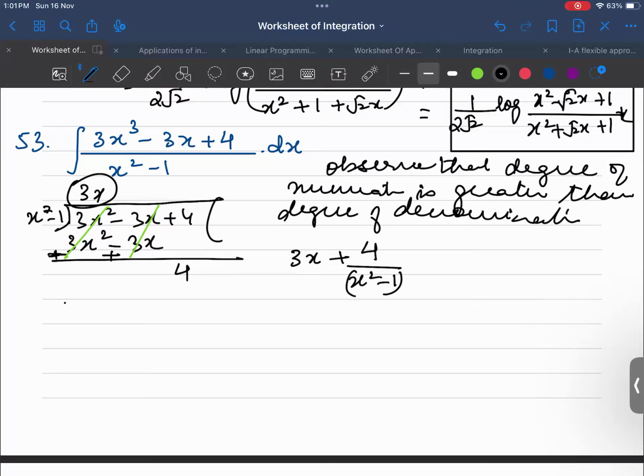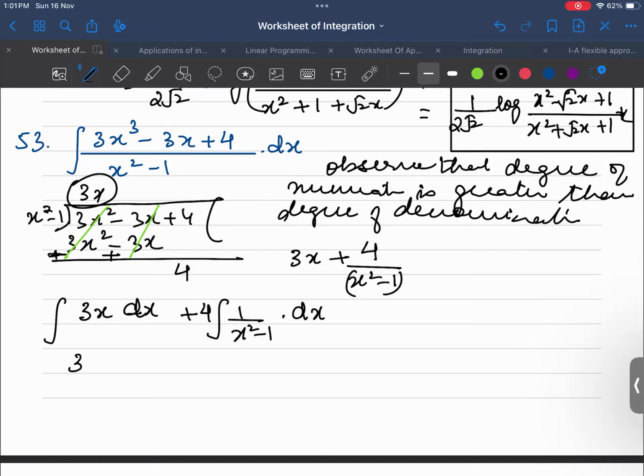So integration would be of 3 plus integration of 4 upon x square minus 1 dx. Right? Now it's easy. For the 3, you can easily integrate.